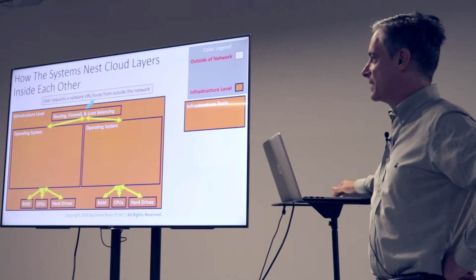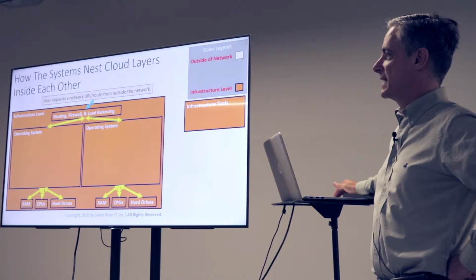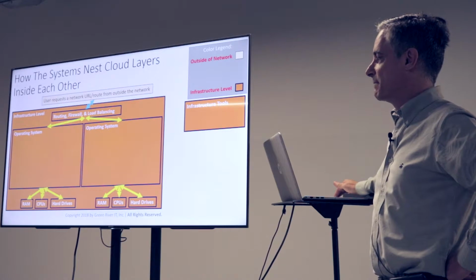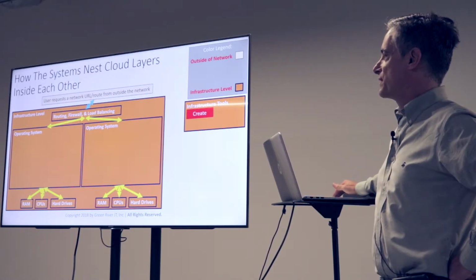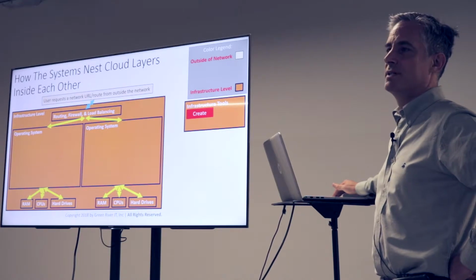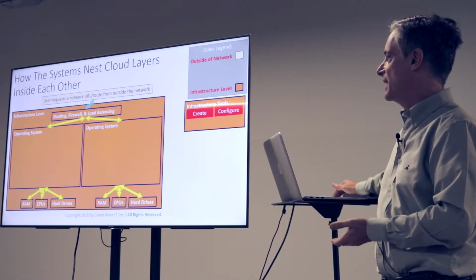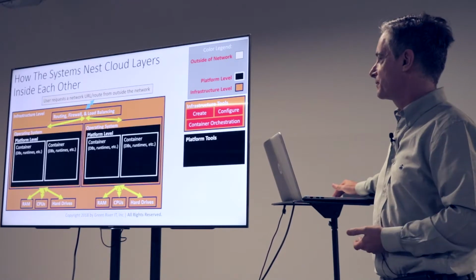And that's going to enable us to get through the routing and the firewall and the load balancing into our operating systems, which are then going to manipulate things like memory and CPUs and hard drives. And the tools for this, since we went through the different types, 10 different types of systems, the tools at the infrastructure level are going to create, they're going to configure, and they're going to orchestrate the containers.